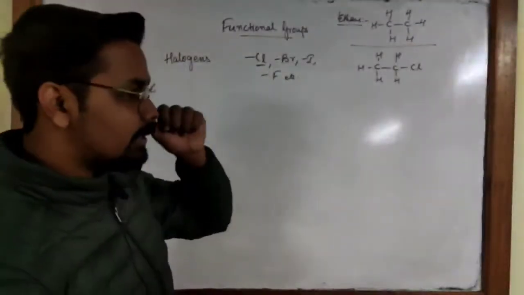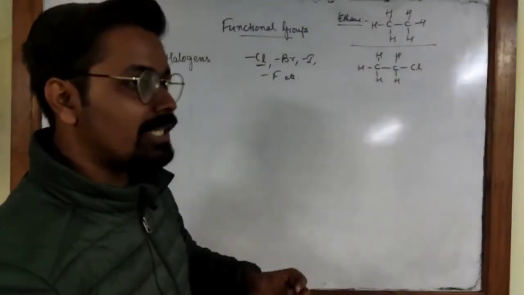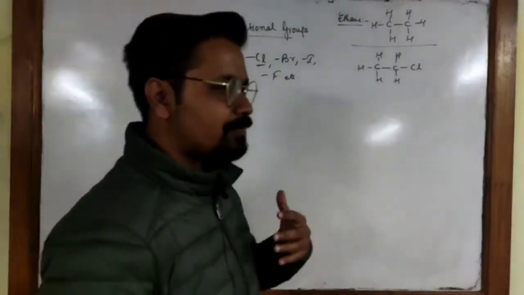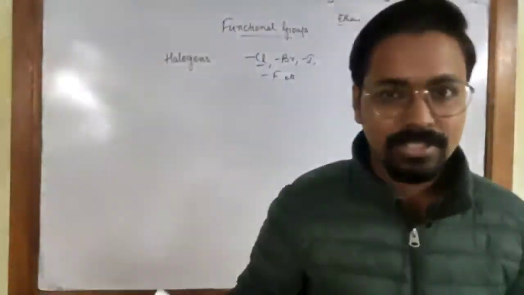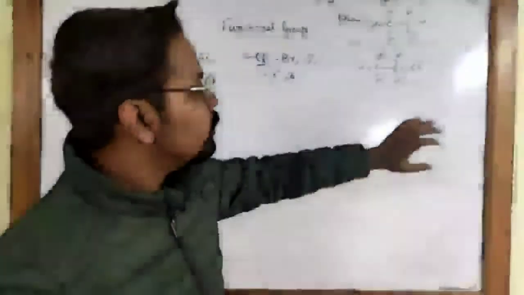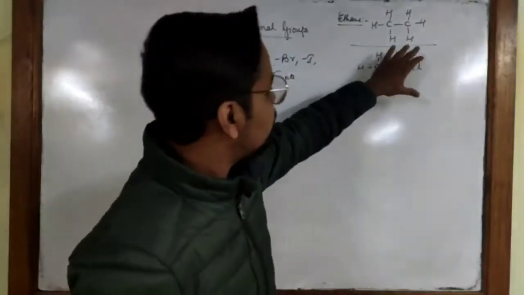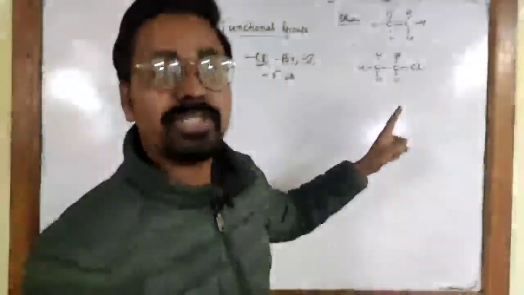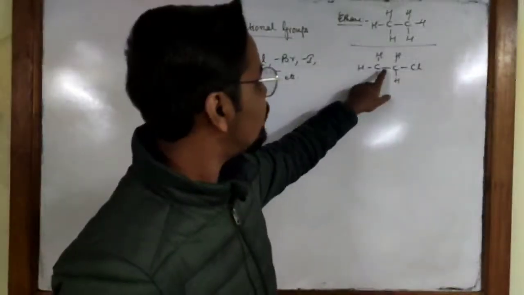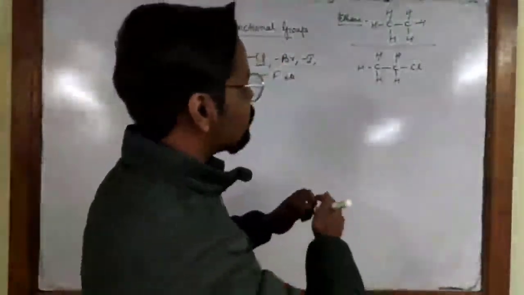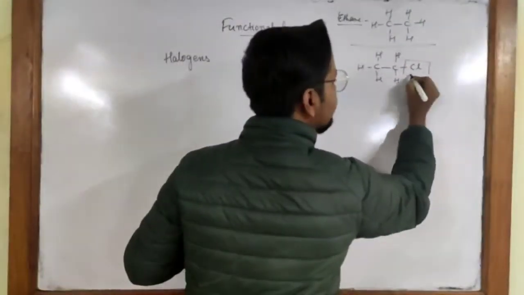Since it is bonded, it has actually acquired one electron, so it will be in the form of an ion when it gets attached. Let's consider this as chloride. So when this chloride gets attached to this ethane structure, the formula is now changed. The formula is C2H5Cl. Right? So this is the functional group part.